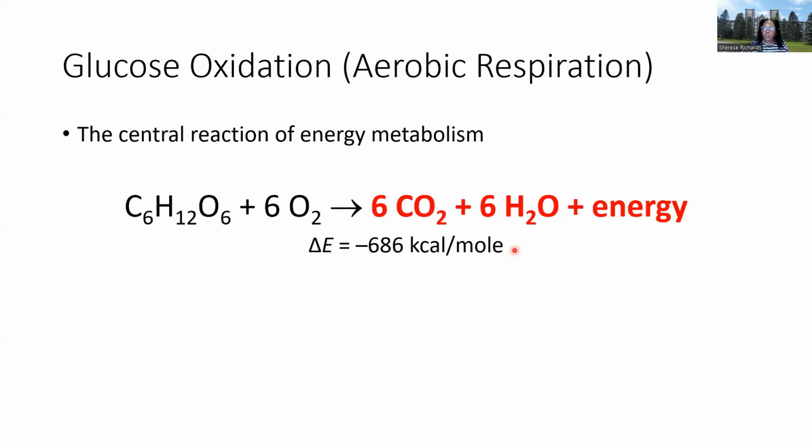You broke it down into smaller pieces, which is going to be the digestion part. You absorbed it across your GI tract, which is the absorption part. And then you're going to take those macromolecules, which is now going to be glucose, which is the unit of that carbohydrate that you ate. And you're going to try to liberate the energy that's captured in that molecule of glucose. And how much energy are you going to liberate? This is that delta E.